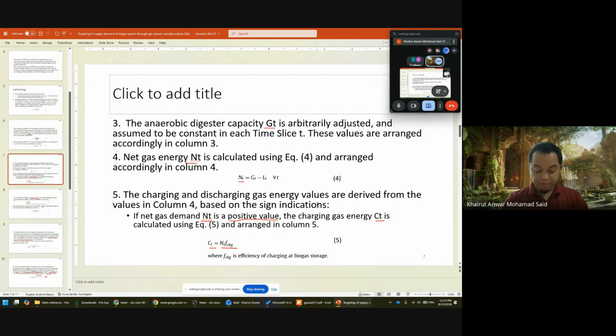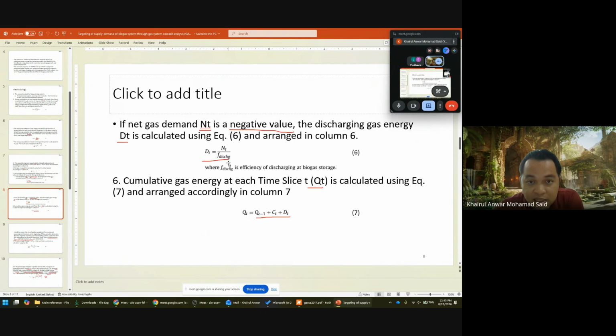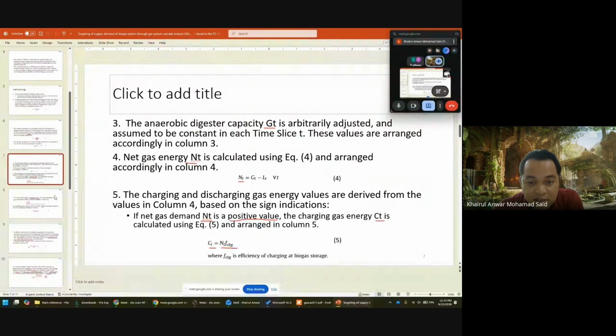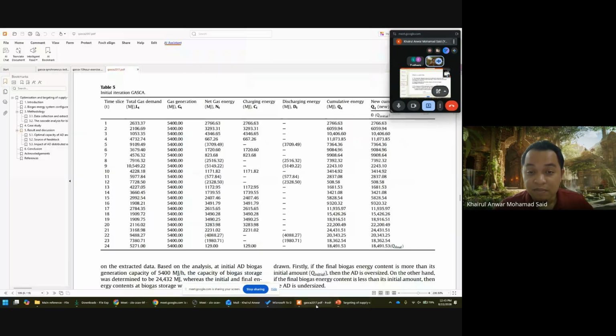So if the net gas demand NT is a positive value, the charging gas CT is calculated using equation 5. But if the net gas demand is negative, we need to calculate DT. So the way we calculate is different. This one is NT multiplied with F charge. F charge, the value is from table 2.